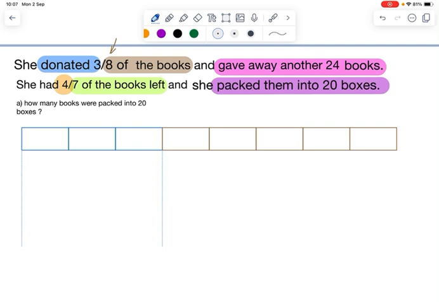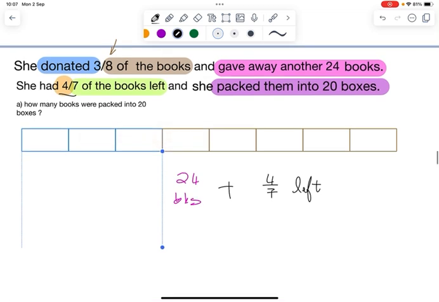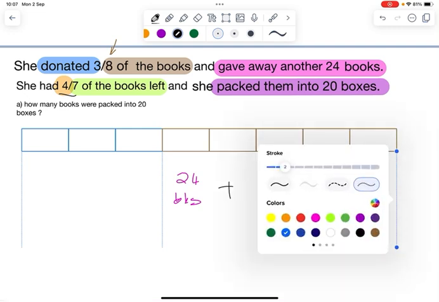Of course, she gave away 24 books, so 24 books, plus the 4 over 7 left. Let me duplicate this and put it there, and for this style we use brown.